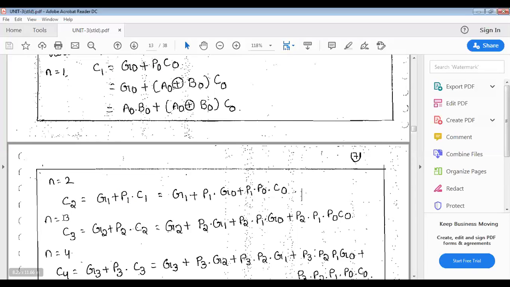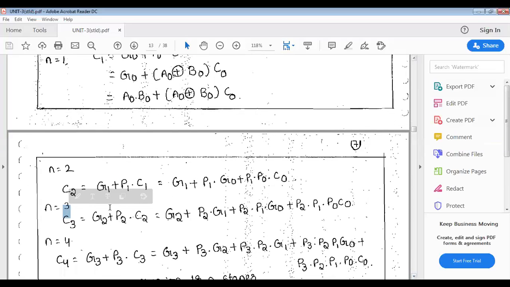And then when n is equal to 2 here, my dear students, n is equal to 2 means Cn plus 1 becomes C3. So G2 plus P2 into C2. What is C2? We got G1 plus P1 G0 plus P1 P0 C0. You can substitute that and multiply with P2.